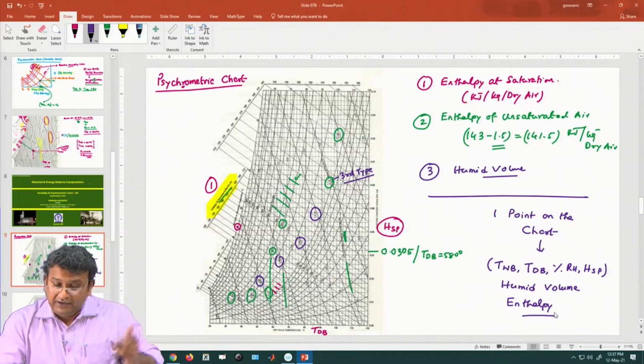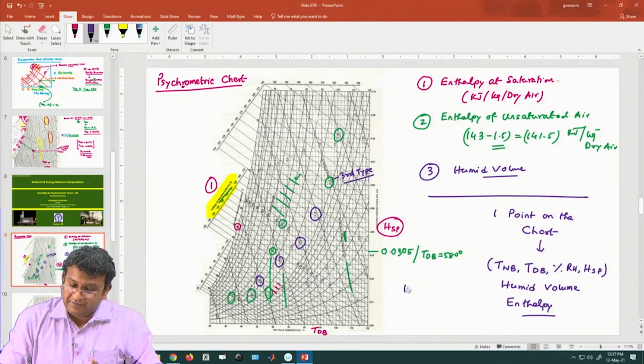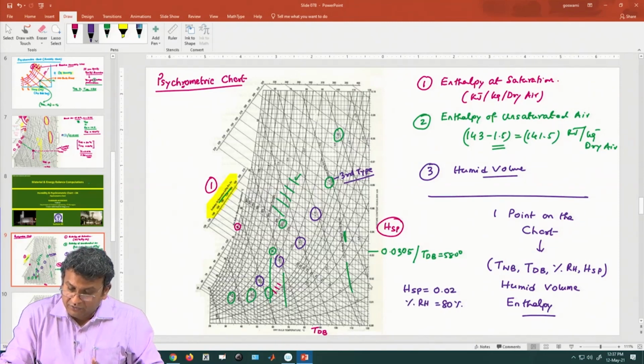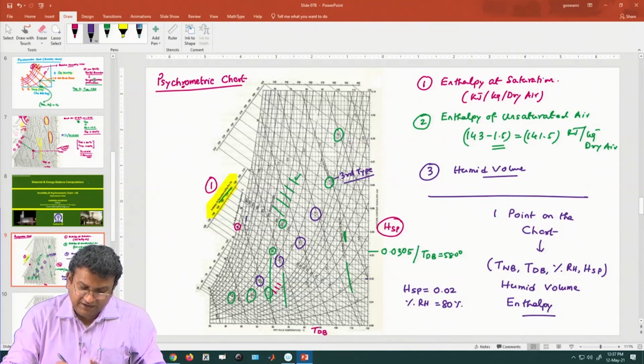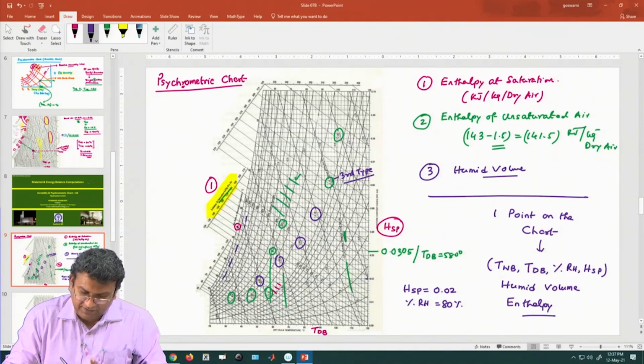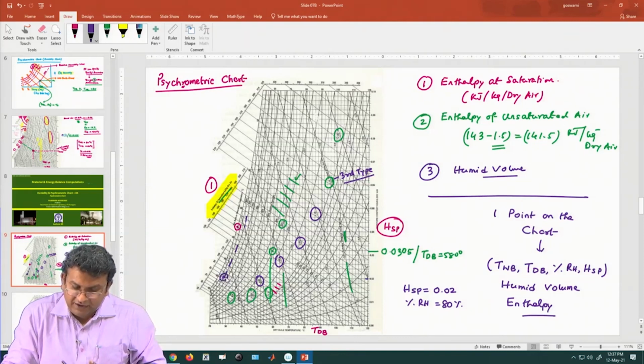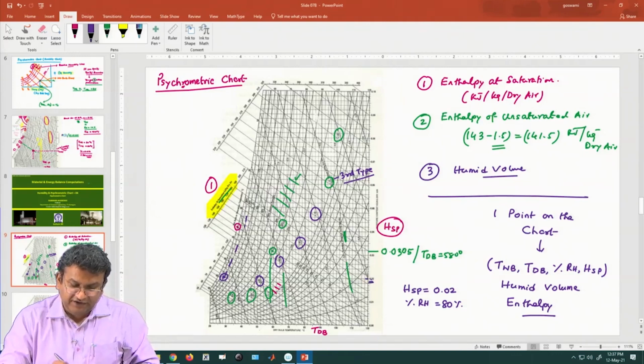So, let me tell you, like we have a condition where the specific humidity is 0.02 and the relative humidity is, let us say 80%. Can you do that? So, here is the 0.02 and this is the 90%, 80% line. So, you need to locate, of course, it becomes a little clumsy, but nonetheless. So, here is the point, 0.02 is the specific humidity, and 80% is the relative humidity.